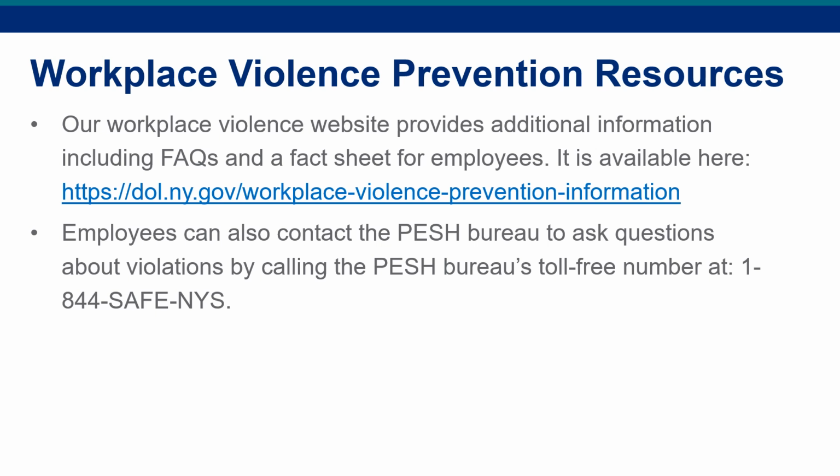Our workplace violence prevention website provides additional information, including frequently asked questions and a fact sheet for employees. It is available at the link below, the New York State Department of Labor website. Employees can also contact the PESH Bureau to ask questions about violations by calling the PESH Bureau's toll-free number at 1-800-SAFE-NYS.